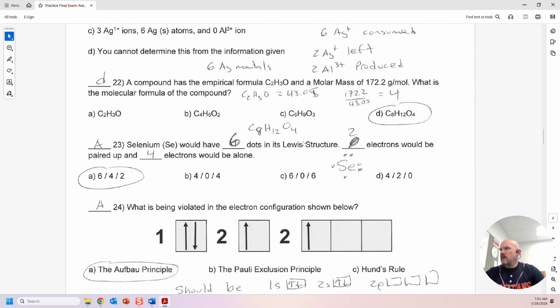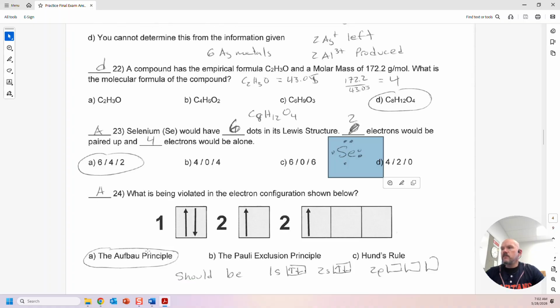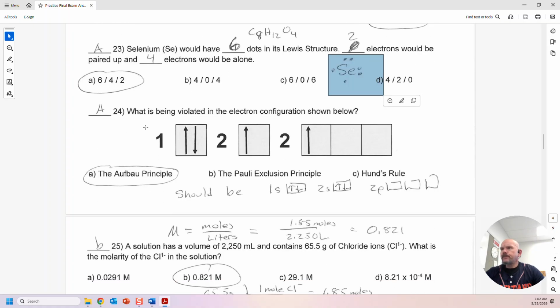Selenium would have 6 dots. No, okay, so it should be 4 electrons are paired up and 2 electrons are alone. So none of those are the correct answer here. This is the best choice, but this is what the dot structure looks like. Sorry about that.